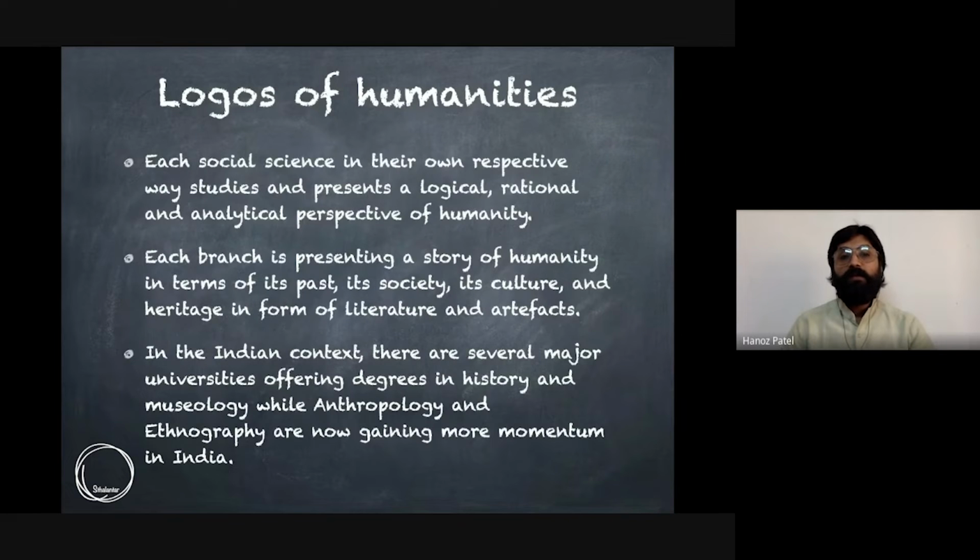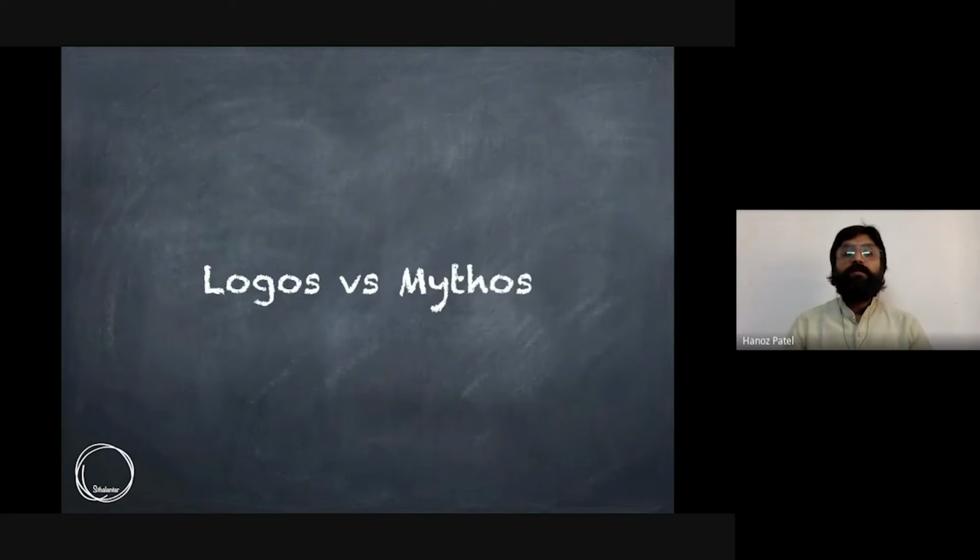So when we are talking about logos, we have to go back to the first one. The logos and mythos कहाँ से आया? So in the ancient Greek phase, the two words come to us from the ancient Greek language से हमारे पास आते हैं. Logos basically means collecting information and knowledge through logical reasoning, systematic scientific methods से, while mythos is something that fancies the story and the Greek heritage in the Greek mythology and everything.